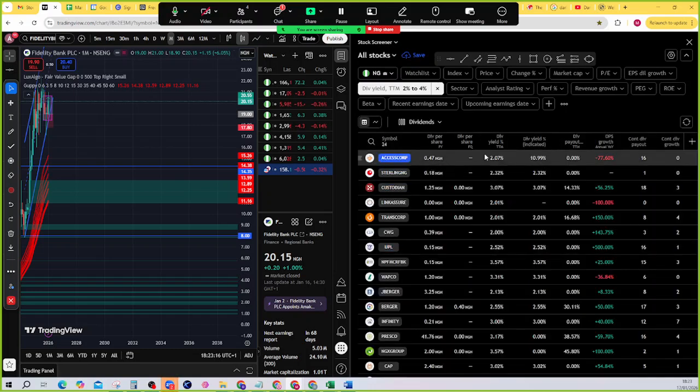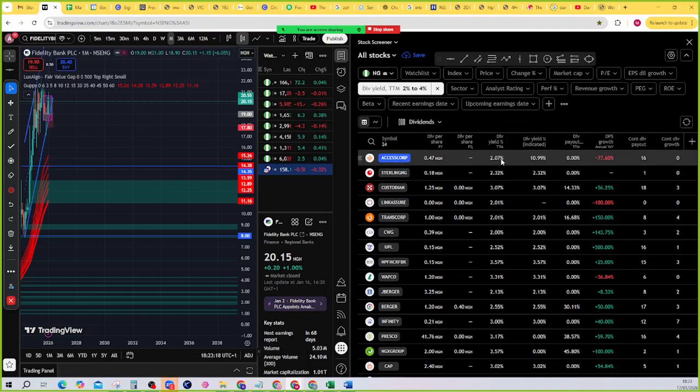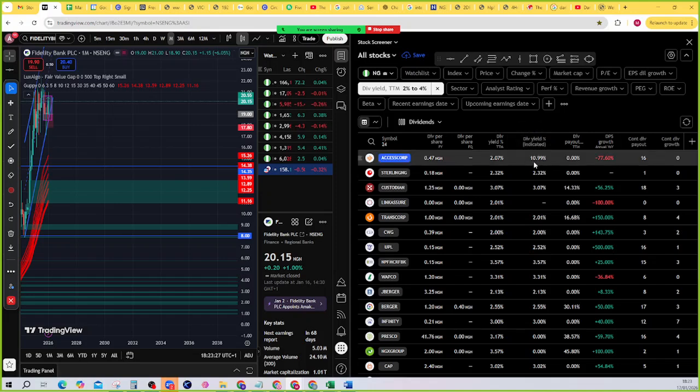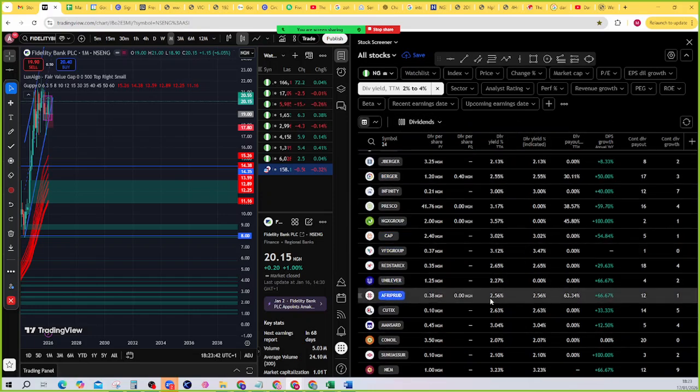So from here you can see that Access is giving dividend yield. Okay, this is dividend yield 10%. Is this 10%? No, no, no. Can't remember. Okay, this is dividend yield. I'm not too sure of what this is giving me now again.